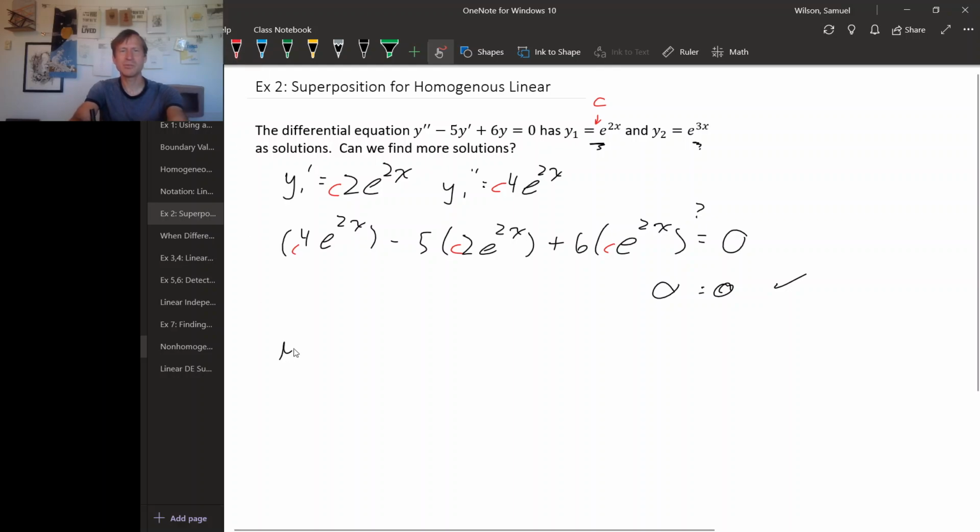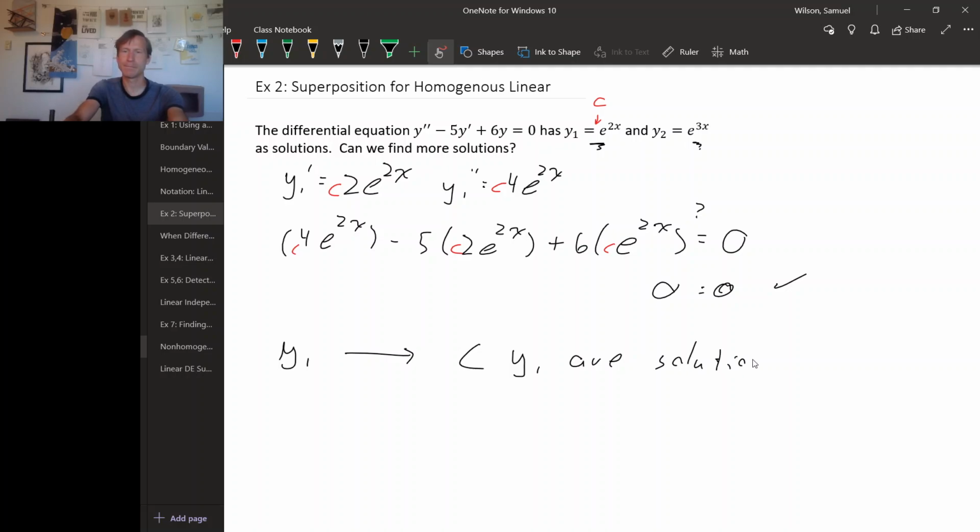So we started with one solution, and what we got was a bunch of other solutions, all constant multiples of that solution. The same thing would happen for y2, of course. y2 is a solution, and so we get a bunch more solutions, constants times y2.